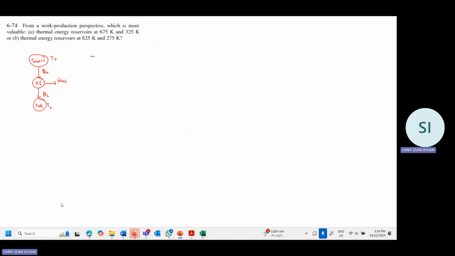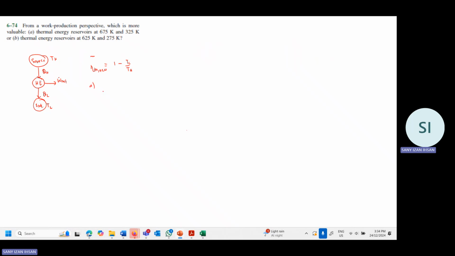All right, let me just continue with the performance. The thermal efficiency for reversible, you know that the equation is nothing but 1 minus TL over TH. So basically we will just be using this equation to compare between the two.